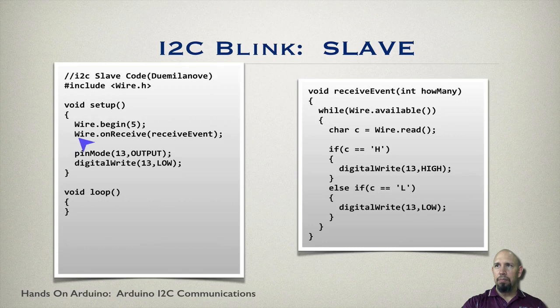Device number 5, being a slave, is expecting to receive data. So we need to define, in a sense, actually this is like an interrupt service routine. We need to define the name of that interrupt service routine. In this case, it's called receive event. It's kind of an interrupt service routine that's disguised, but that's actually what's going on.